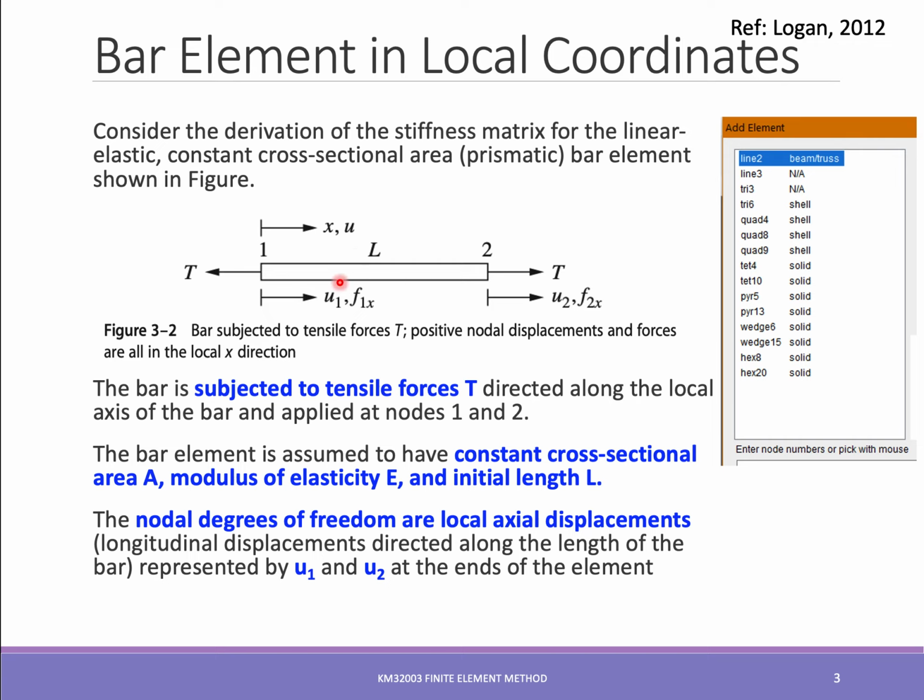At the same time, we assume that this bar element has a constant cross-sectional area A. We assume the material has the same modulus of elasticity E, or in other terms the Young's modulus, as well as the length L of the bar element.